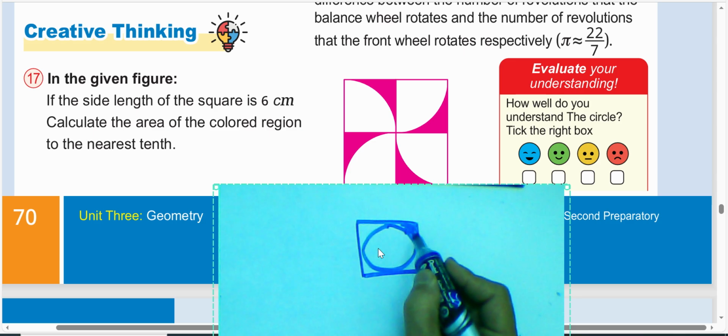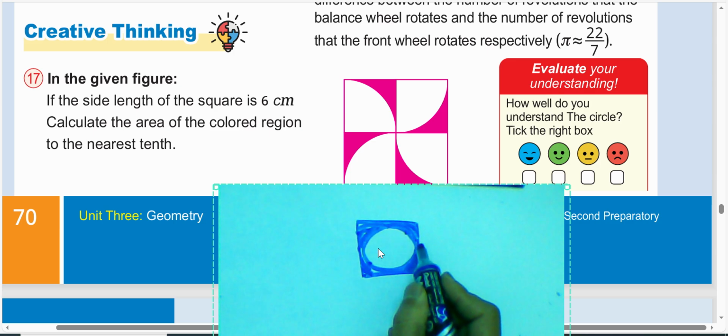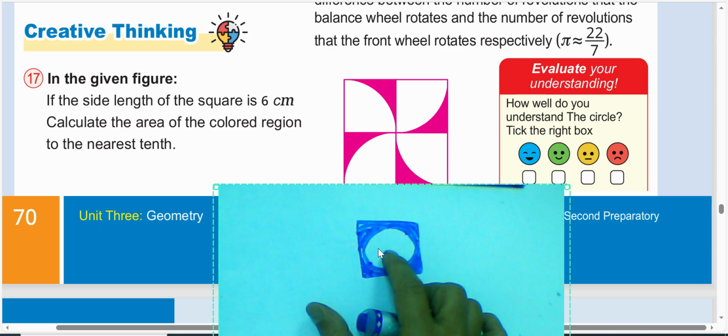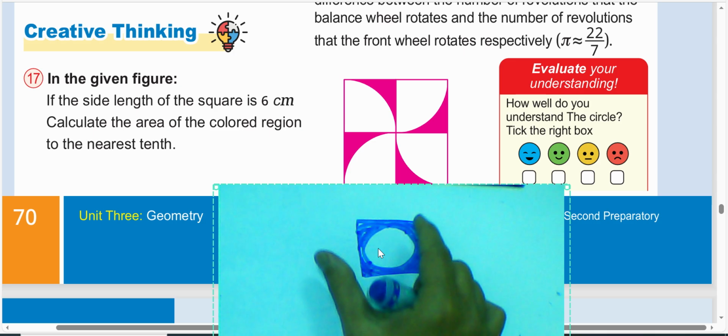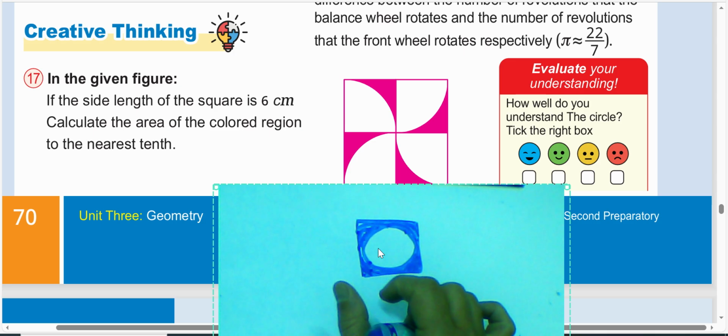So to find the area of the colored region, we can find the area of the square and the area of the circle, and then find the difference.